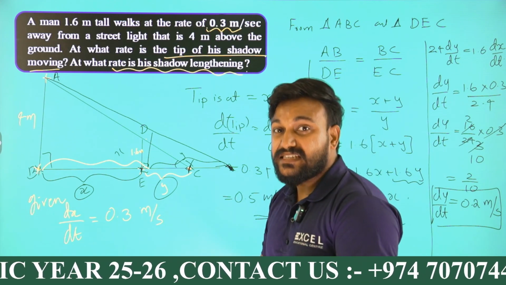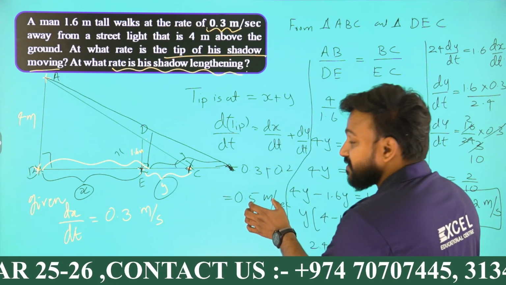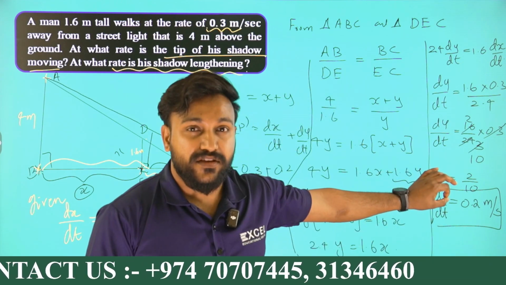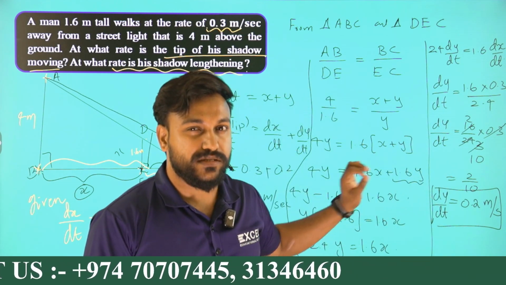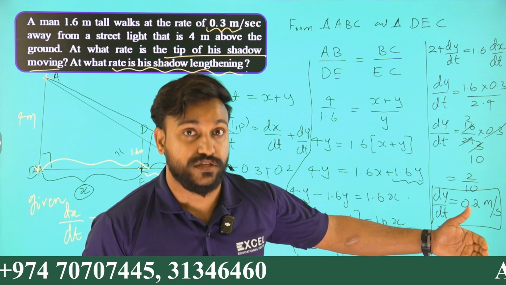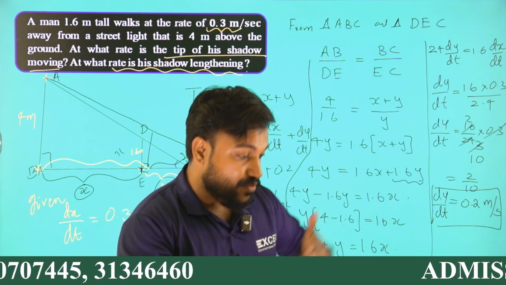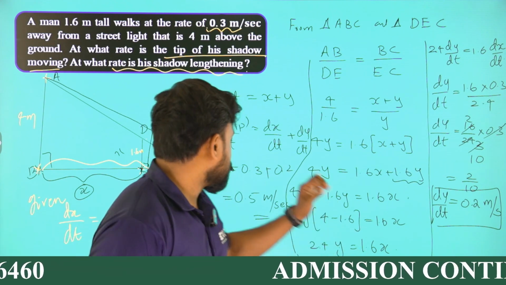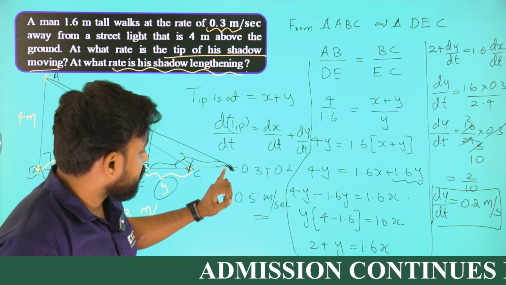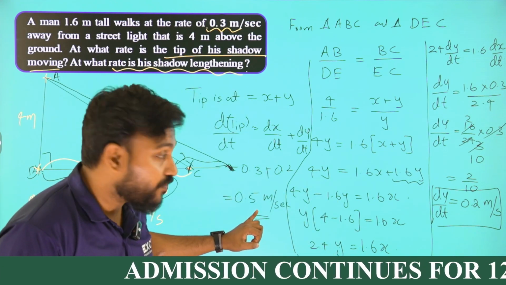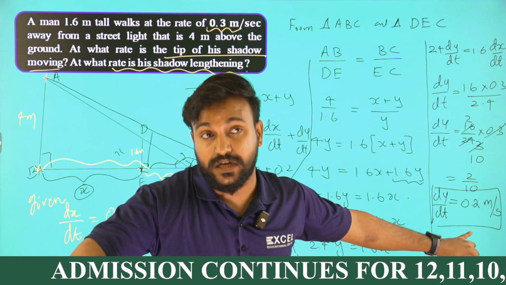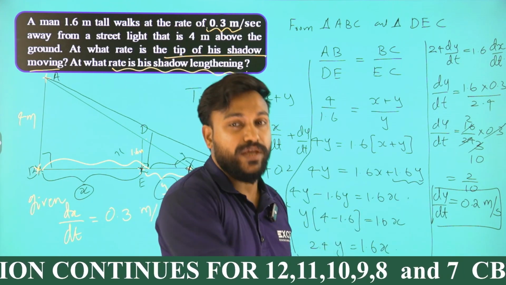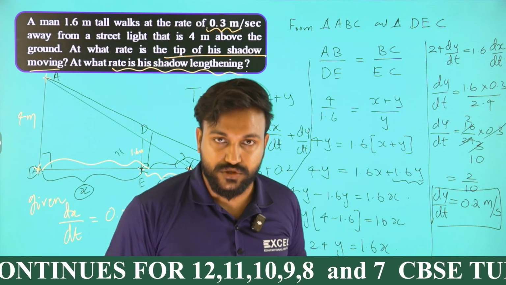So y and x together tell us where the tip is. If we are only considering y, it means the length of the shadow. If you are considering x and y together, it means where the tip is. So this is the rate at which the tip is moving, and this is the rate of change of length when the man is moving. Okay, so we can move into the next question.